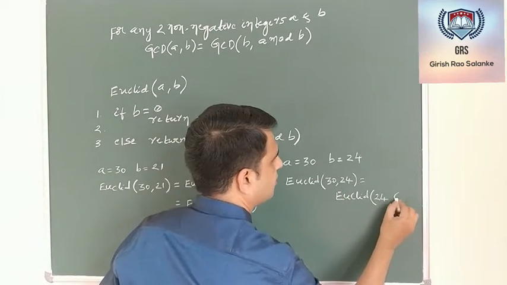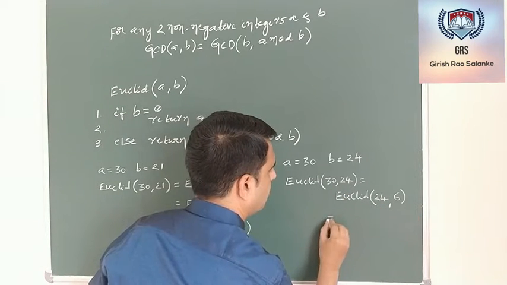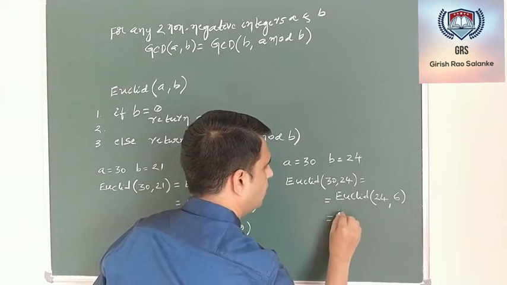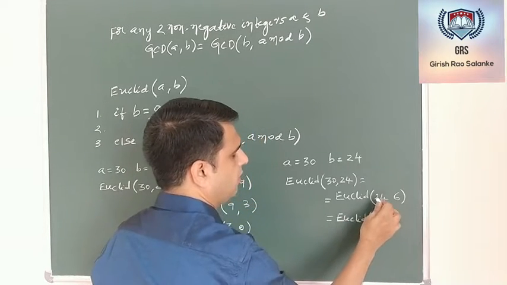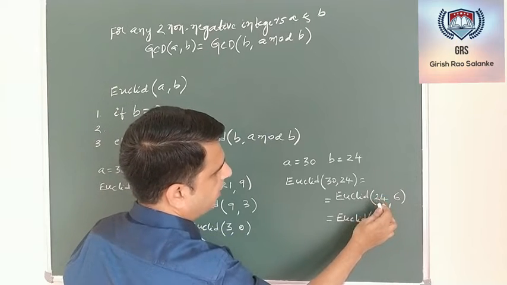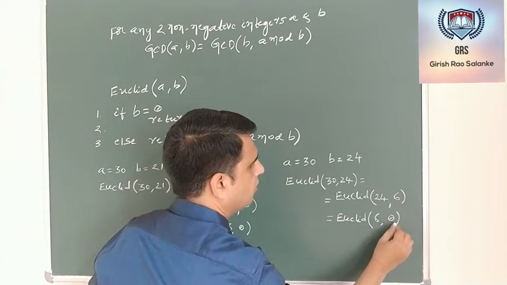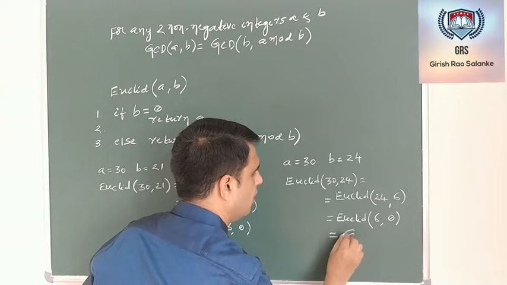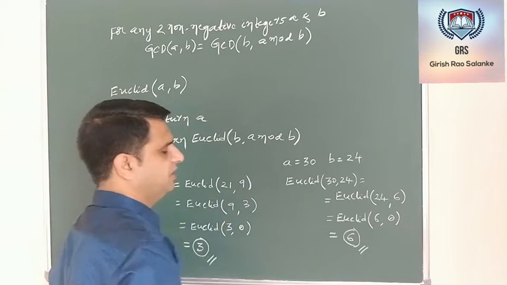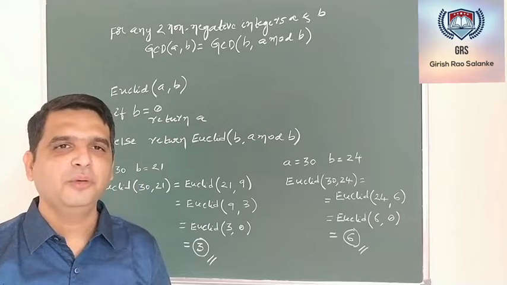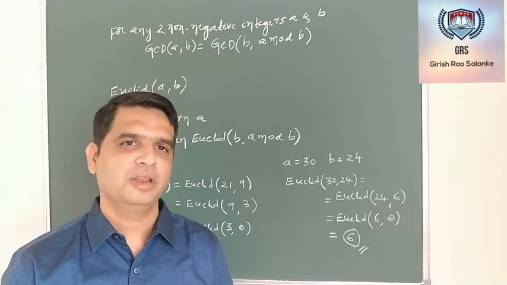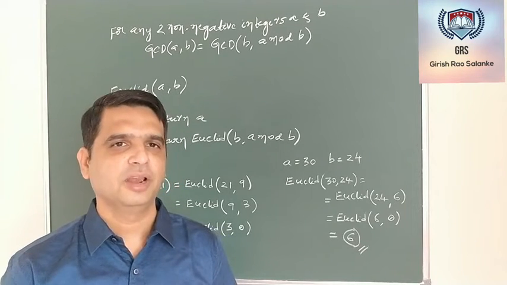It is 6. Now call Euclid's of 6 comma remainder on dividing 24 by 6, which is 0. So is B 0? I got my GCD, 6. So this was about how to find GCD of two numbers A and B with the help of Euclid's algorithm.